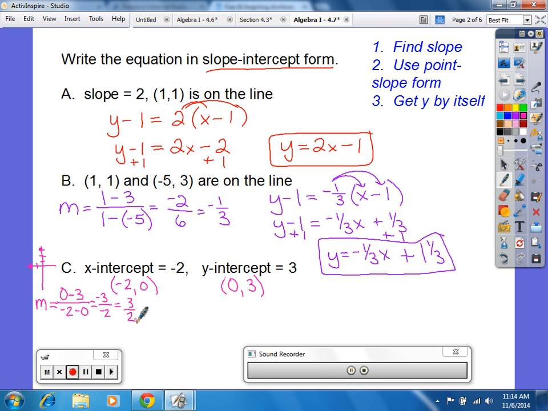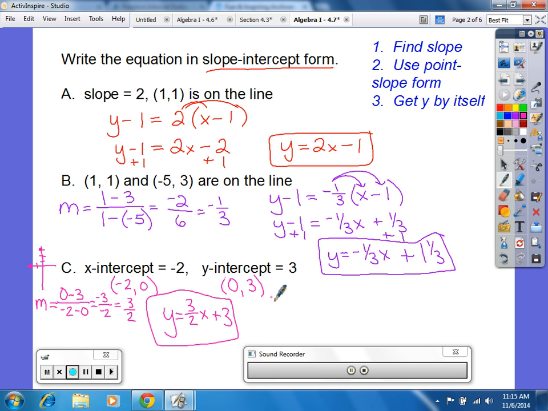Now to write an equation in slope-intercept form, I need the slope and the intercept. They gave me that. So I could go directly now to the equation y equals 3/2 x plus 3. If I didn't remember that, I could still use point-slope form. I'll show you that you get the same equation.